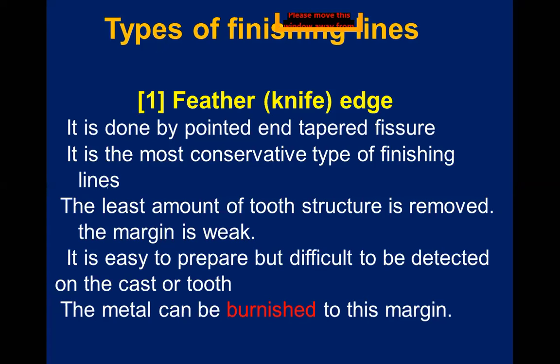This is what we call burnishing. Burnishing means adapting the metal margin on the tooth structure. Whenever the margin is thin, we can press it and adapt it on the tooth structure or the finishing line margin.